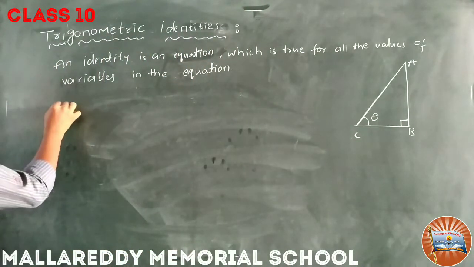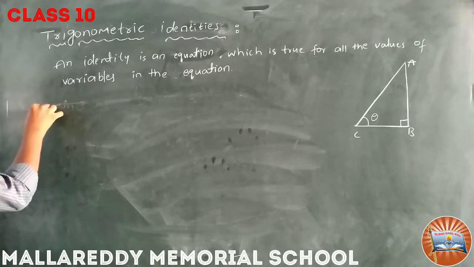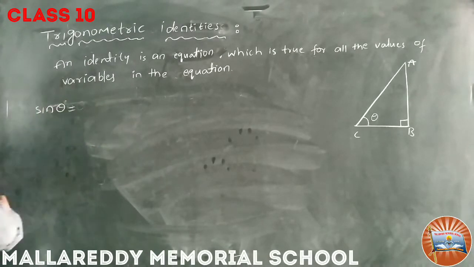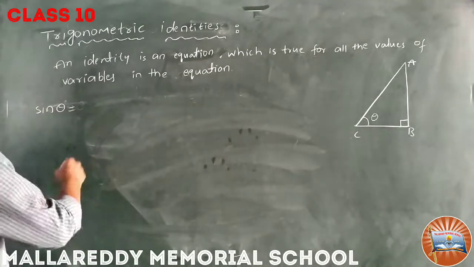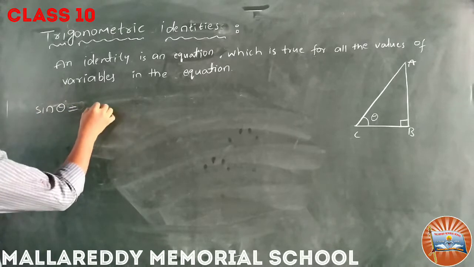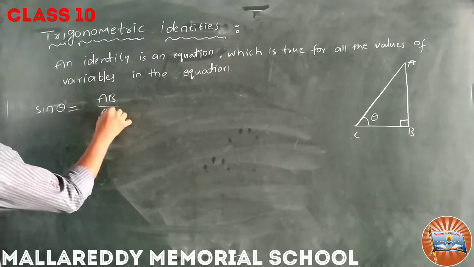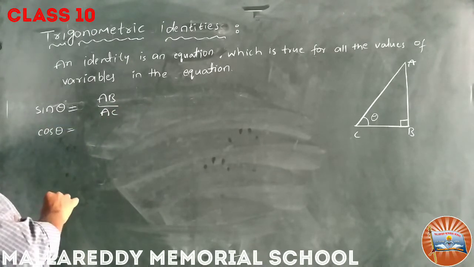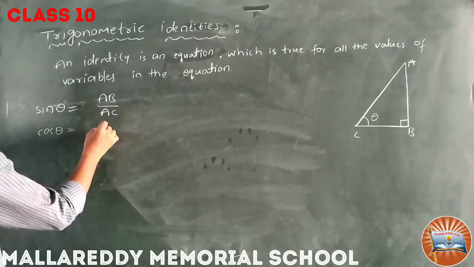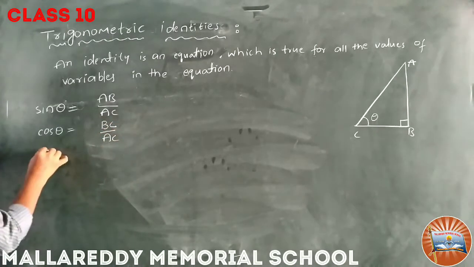What is the sine ratio now? Sine theta is the length of the opposite side of angle theta by the length of the hypotenuse, that is AB by AC. Cos theta is the length of the adjacent side of angle theta by hypotenuse, that is BC by AC.